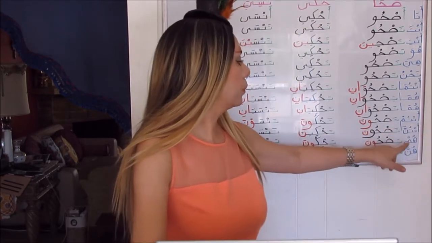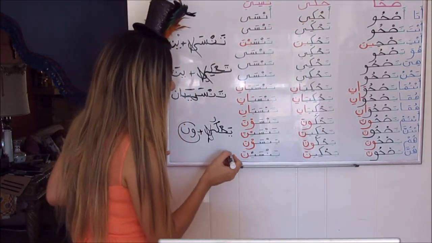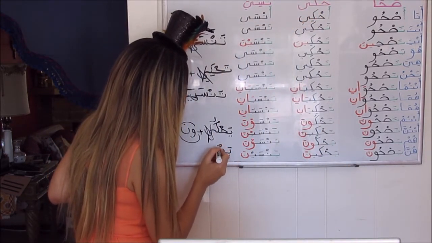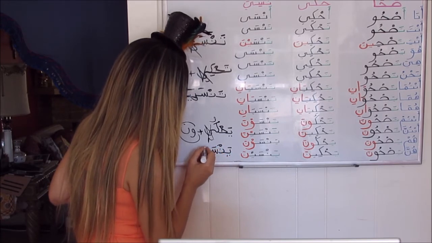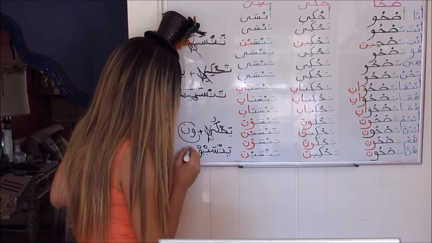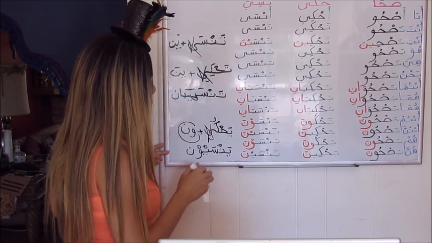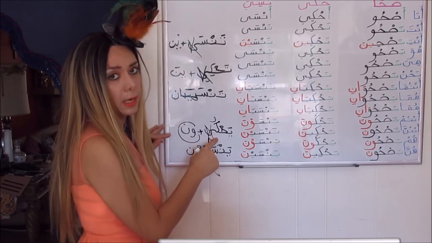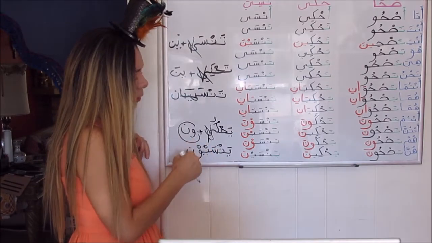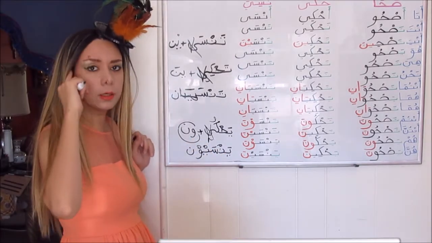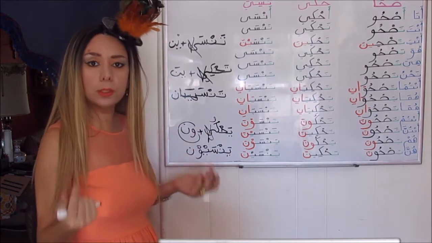The conjugation for whom, they, is theoretically ينسيون. So we have ينسى, ينسيون. Okay? Because normally shortened alif, when followed by another letter, turns to its original form.